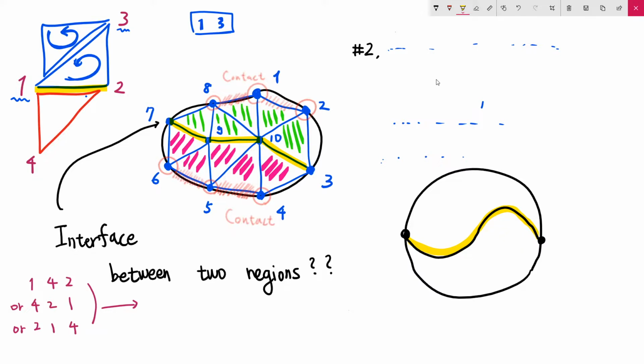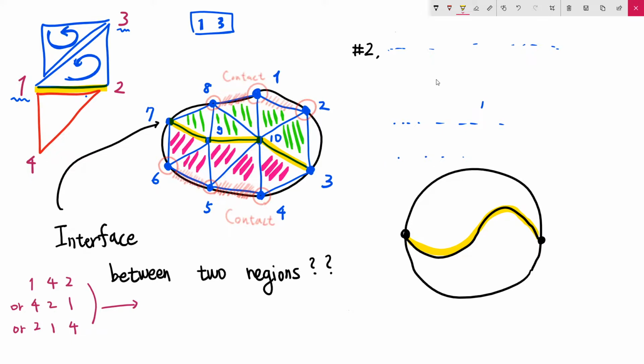So my question, or the homework number 2, is, please write down a code which can read your own file format specifying these two regions, and automatically calculate the intersection, so the interface. That is my second problem.